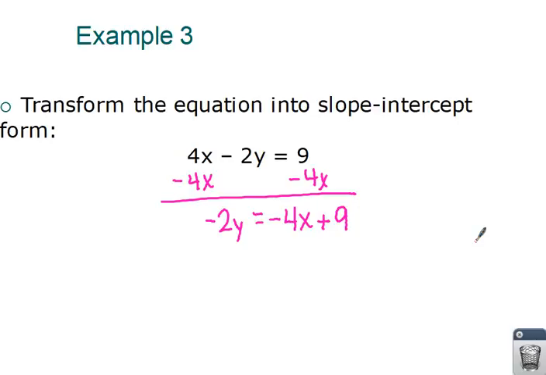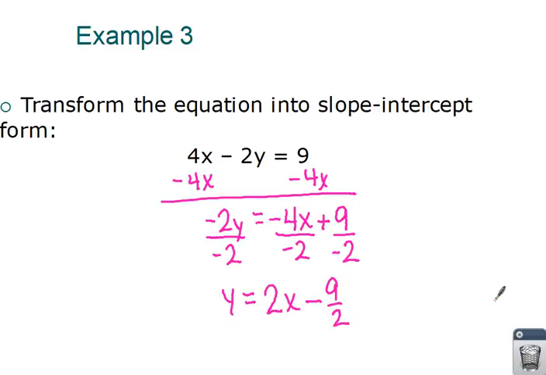I leave them separate like that, and I put them in that order because it works better. All right, to get y completely by itself, we divide everything by negative 2. And we get y equals, well, negative 4 divided by negative 2 is just 2x. And then 9 divided by negative 2 doesn't happen evenly, so we'll just put minus 9/2. If we were graphing, we'd put 4.5. That way we could do a y-intercept at 4.5. Okay, so now it's in slope-intercept form.